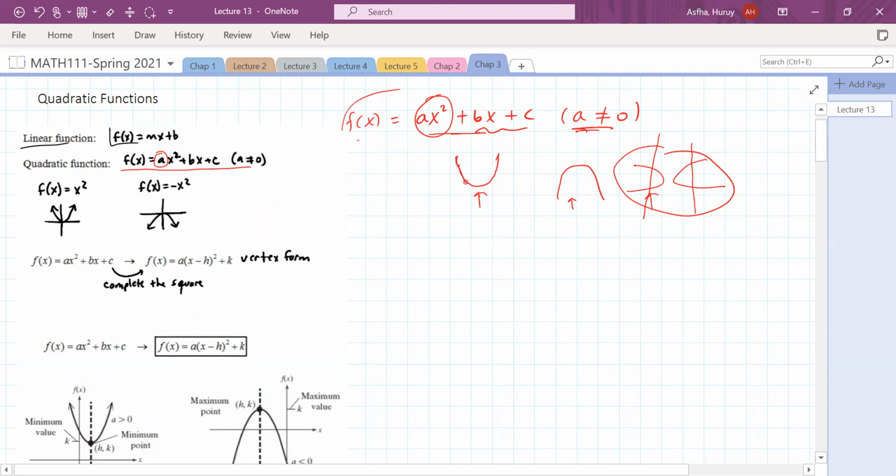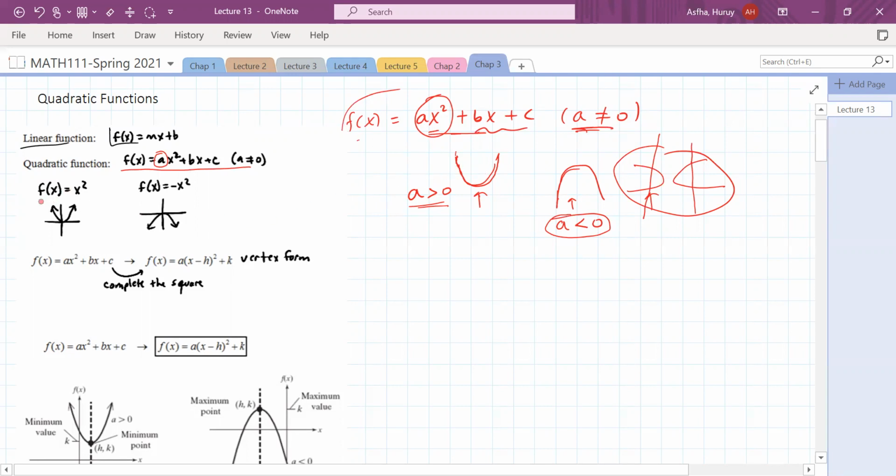If a is a positive number, if the coefficient of x squared is positive, we don't care how big it is, then the graph will open upward. If a is less than 0, then the graph opens downwards. This is very helpful information: just by looking at the coefficient, we know whether it opens upward or downward.